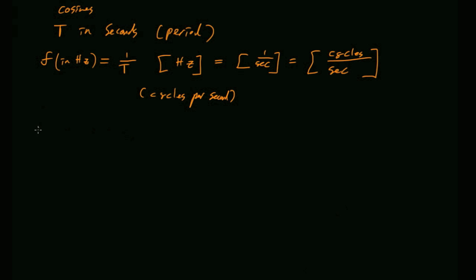So there's another form for frequency, a unit conversion. Each cycle is worth 2 pi radians. So we can either say f hertz, or completely equivalently, omega equals 2 pi f radians per second.